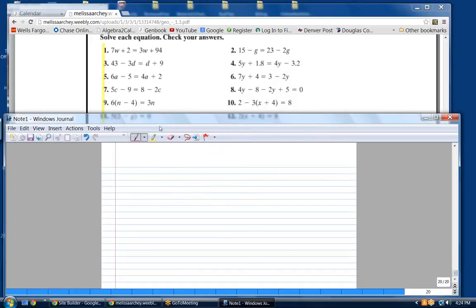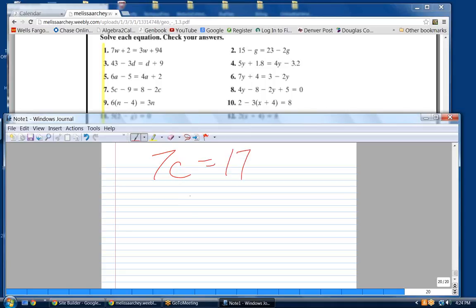Okay, number 7. What's the next line? So it is 3C equals. No. Oh, I'm sorry, 7C. 7C equals 17. Okay.